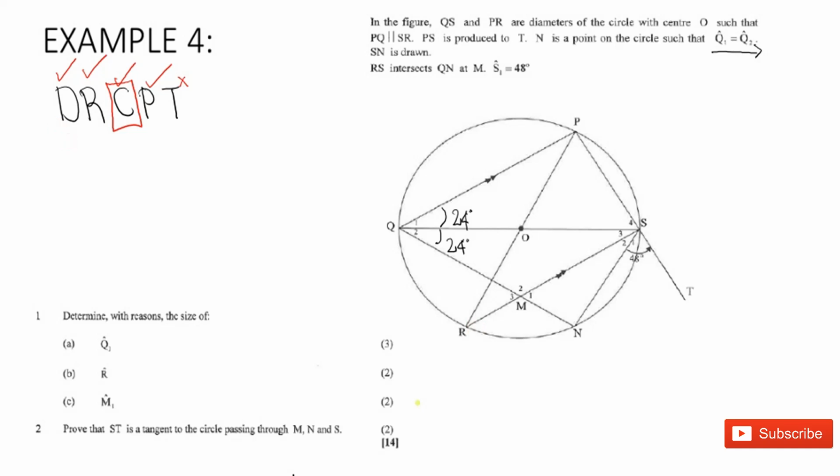Knowing the radius is also not going to help us with anything, because I mentioned that we at least need the value of S3 to be able to get the value of R, because like I said, because we've got radii or radius, OS will be equal to OR, right? And then we know that opposite angles in an isosceles triangle are equal. Therefore, if we had S3, we were going to be able to find out what our R is.